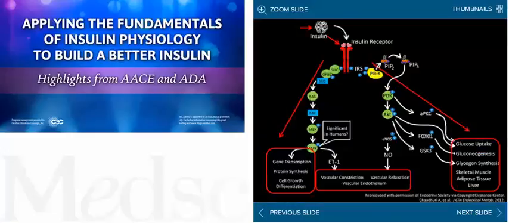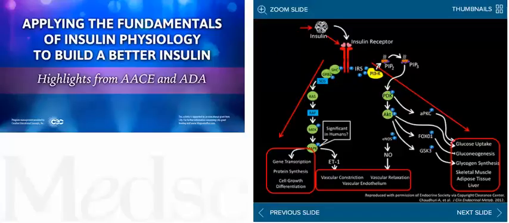And insulin, as we all know, acts through its insulin receptor, and after binding to the receptor, we get the metabolic pathway through PI3 kinase, AKT, and we get glucose uptake, gluconeogenesis, and glycogen synthesis in the various tissues. The other pathway, the mitogenic and growth pathway, runs through the RAS pathway and gives us gene transcription and cell growth and differentiation.